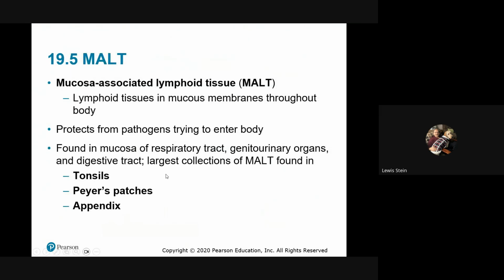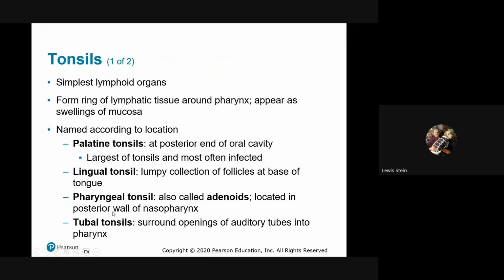Here are the mucosa-associated lymph examples: tonsils, Peyer's patches, and appendix. You don't have to know all of these, certainly, but at the end of the oral cavity, these are the ones that would typically, when someone has them removed, be the palatine tonsils, not so much the lingual tonsils under the tongue, and the pharyngeal tonsil behind the nasal cavity, that's the adenoid.